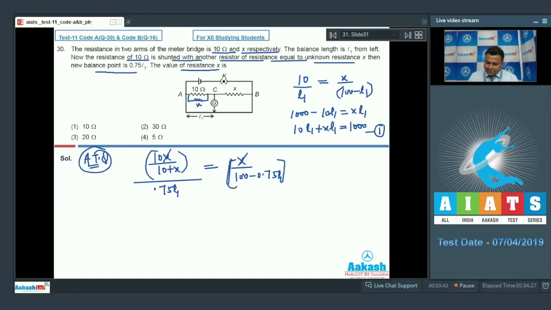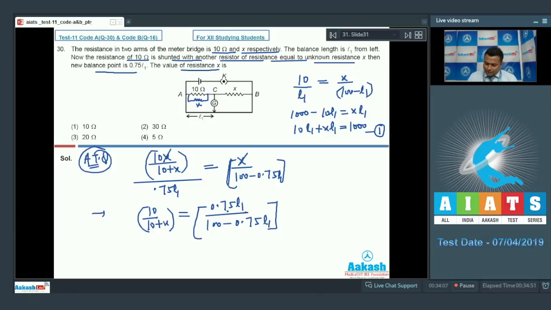X cancels out, and then cross multiplying we get 10 upon 10 plus X equals 0.75 L1 upon 100 minus 0.75 L1.